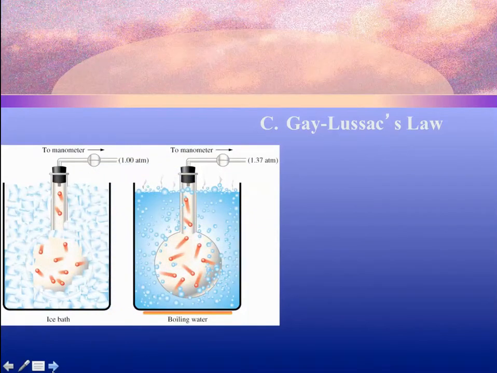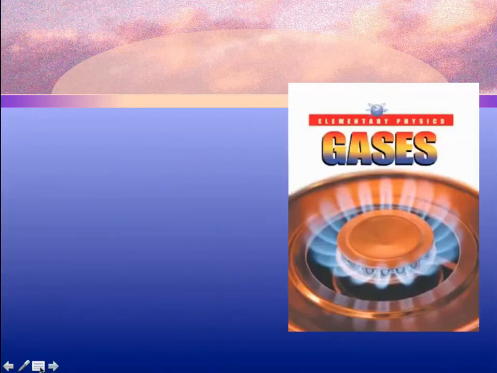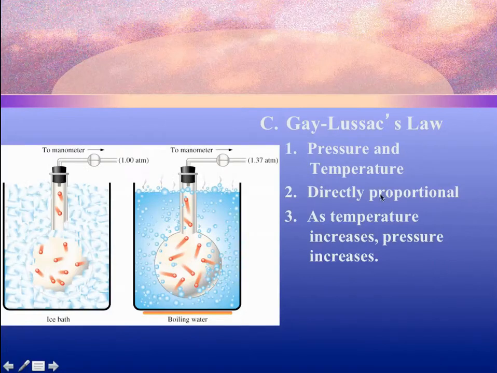And then the last law that you need to know, this is especially true for multiple choice test questions, Gay-Lussac's law. Again, Mrs. Teston would say, TPing a house makes you happy and gay.